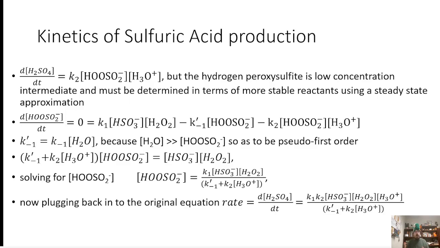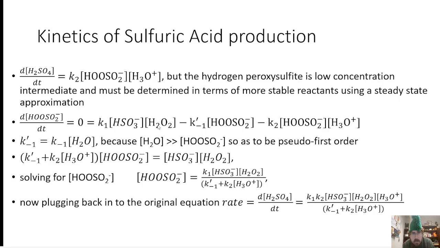Now, in kinetics, I may have briefly talked about this, but the steady state approximation says if an intermediate is significantly low and it reacts quickly enough, it essentially doesn't build up. We can look at the rate of its formation and the rate of its consumption, so that its change in concentration is essentially zero. And so if we set the rate of this to be zero, we can look at it entirely in terms of how it can be formed and how it can be consumed.